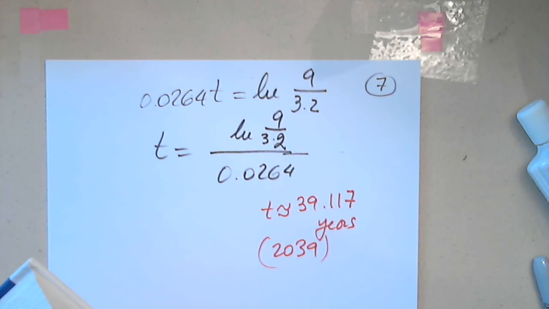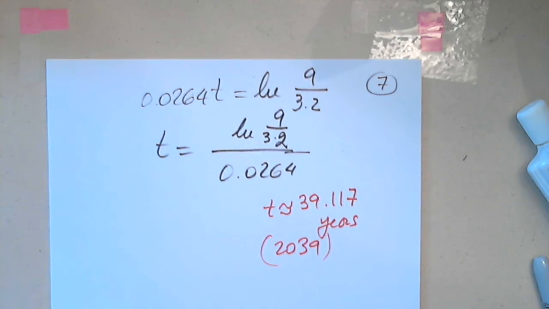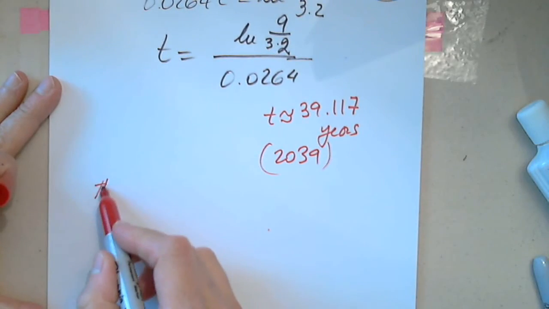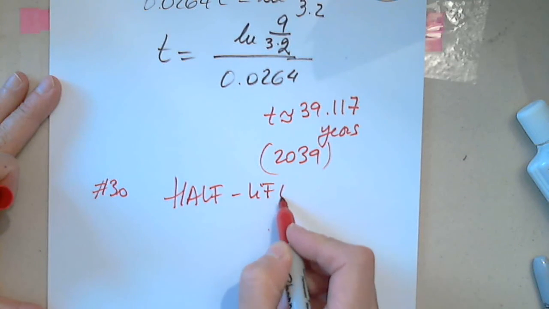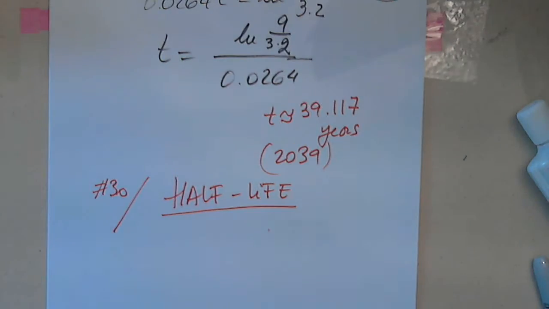Yes, problem 30. So this is 30 on page 530. I will not copy the problem before I explain what this means.